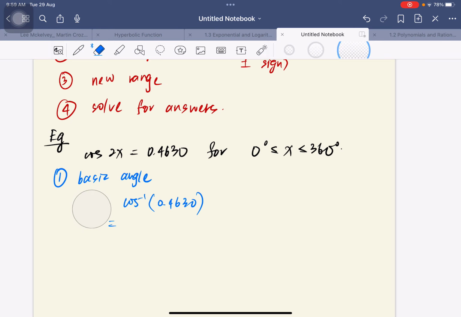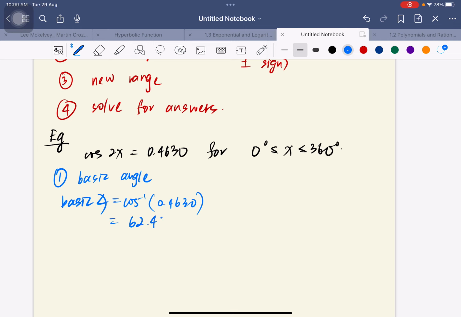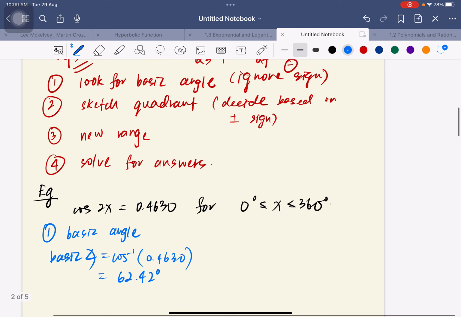I should write it as basic angle because it's not 2x. Basic angle, cos inverse 0.4630, the answer is 62.42 degrees.